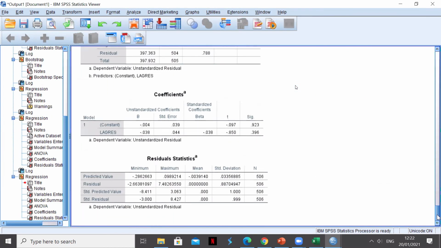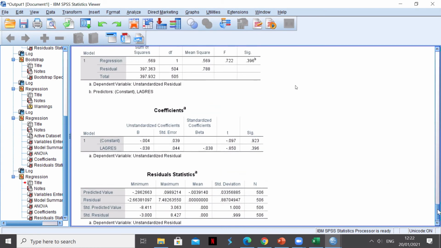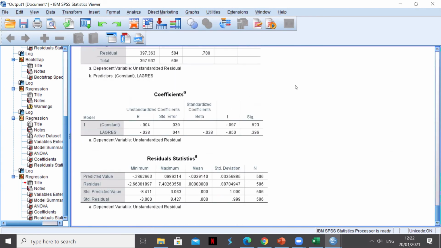Here are our model outputs. We still had the predicted value, etc. Where is my coefficient? Here's my coefficient table. So I wanted to do a t-test like this one, and I wanted to test if this variable is significant or not.